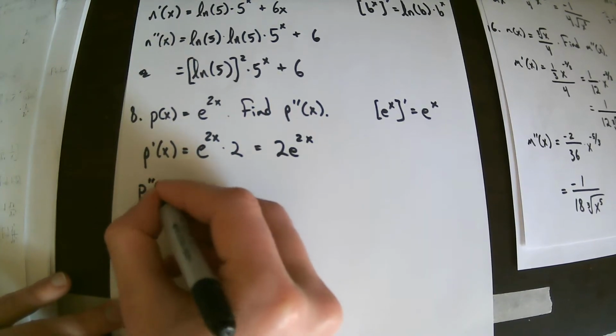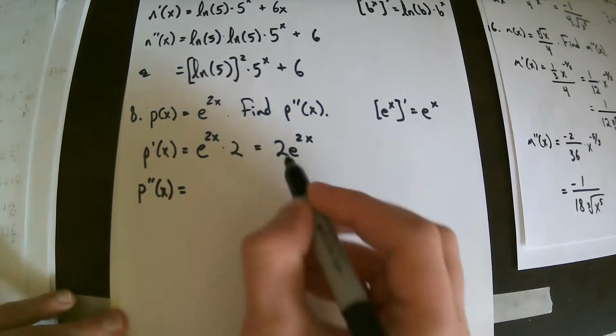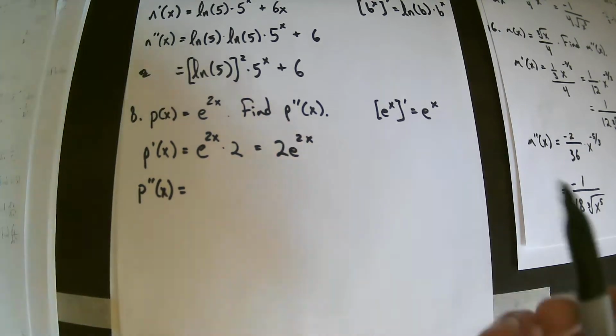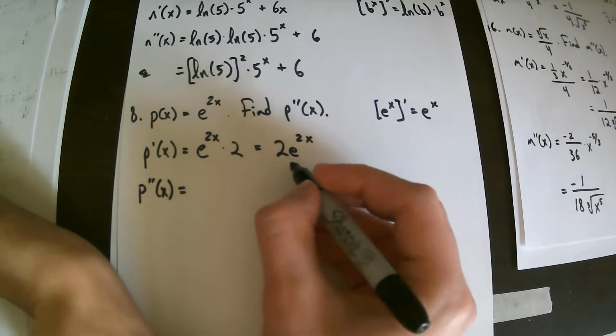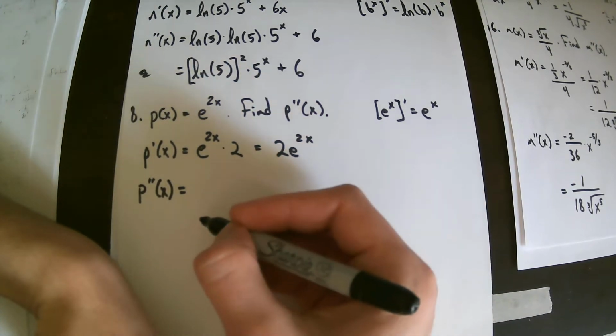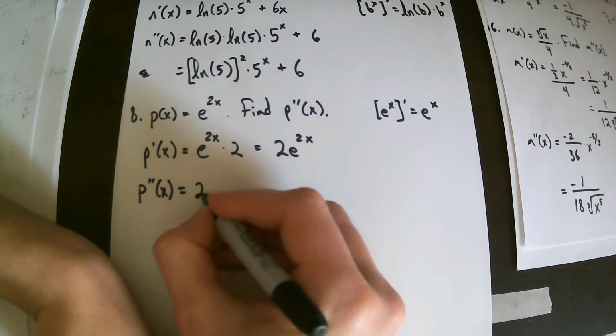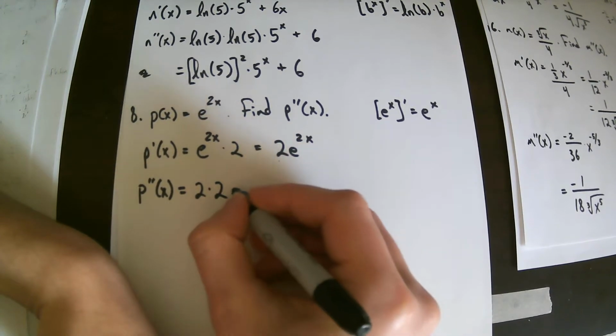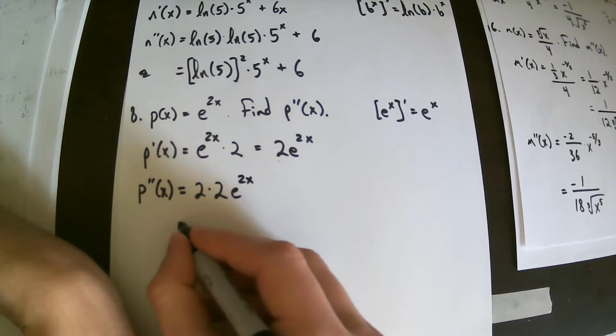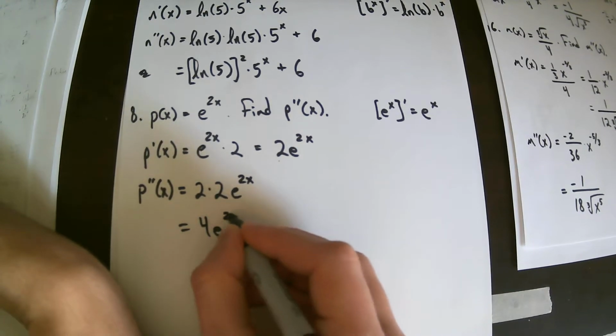Now the second derivative, I'm going to take the derivative of this now, but the same thing is going to happen. I'm going to have this 2 hanging around, and I'm going to drop another 2, because I'm going to use the chain rule again, so I'm going to have that 2 times another 2 from the chain rule, and then the e to the 2x, so I'm getting 4e to the 2x.